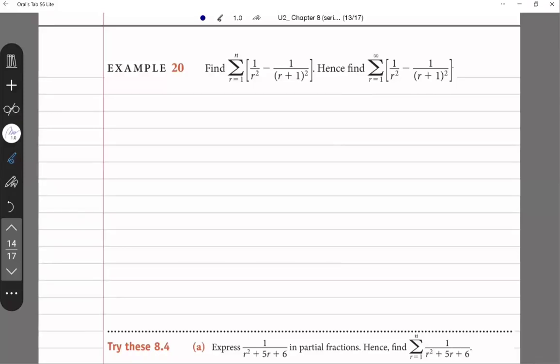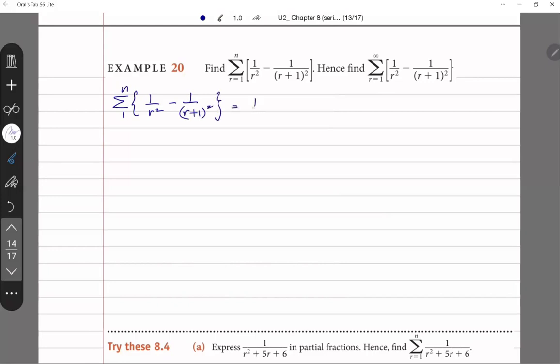All right, so the last question in this section is example 20. Example 20 is asking us to find the sum of the first n terms of this series, which is represented by the difference of two terms, and then hence find the sum to infinity. Now, the first part, the sum of the series from r is equal to 1 to n, 1 over r squared minus 1 over r plus 1 squared.